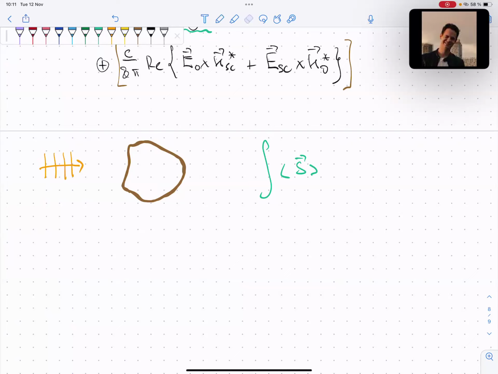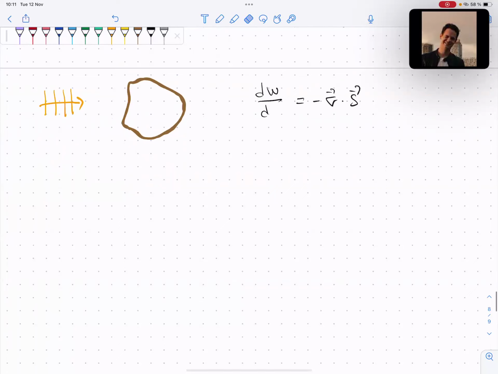It says that if we have no external currents, the rate of change of electromagnetic energy is equal to minus the divergence of the Poynting vector.